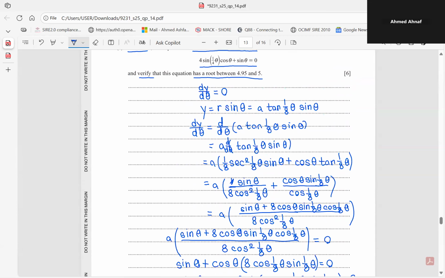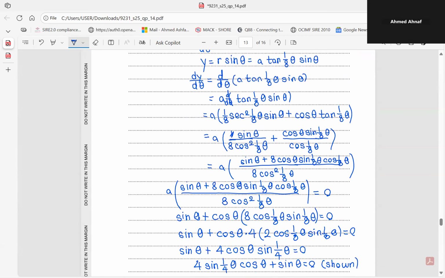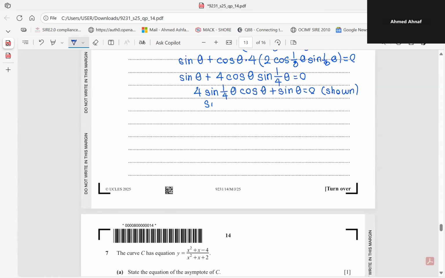And to now do the second part of this question, the verification, we're just going to substitute the two values. So first let's sub theta equals to 4.95.